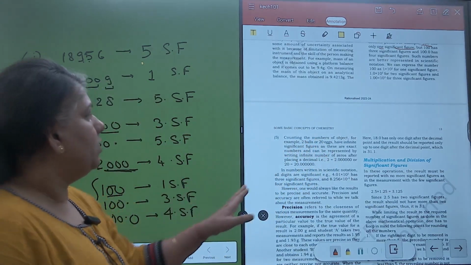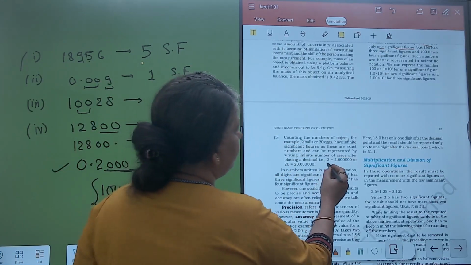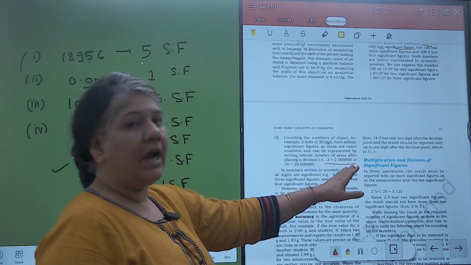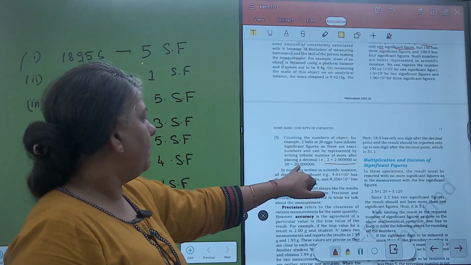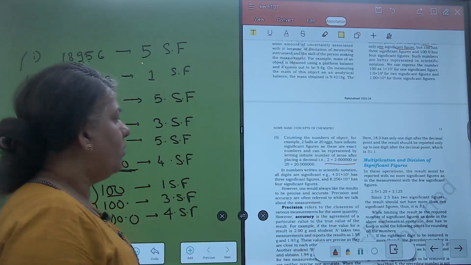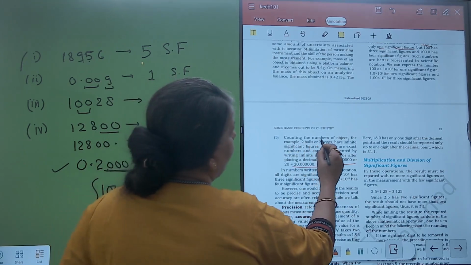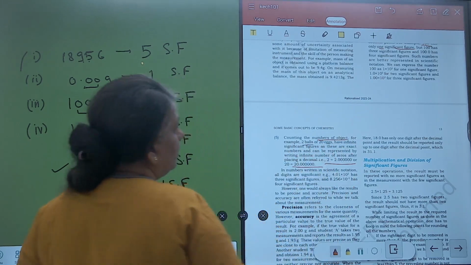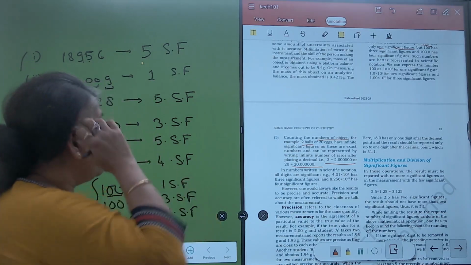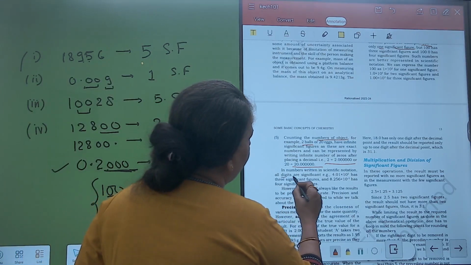Means 2 balls you can write in this manner, 2.000 plus any number of zeros, it will hardly matter. Similarly, 20, after 20 place a decimal followed by 0. So you can place any number of zeros. Hence, while counting the number of objects, significant figures are infinite.